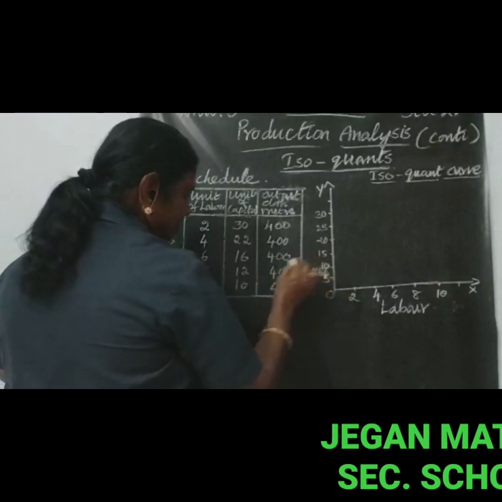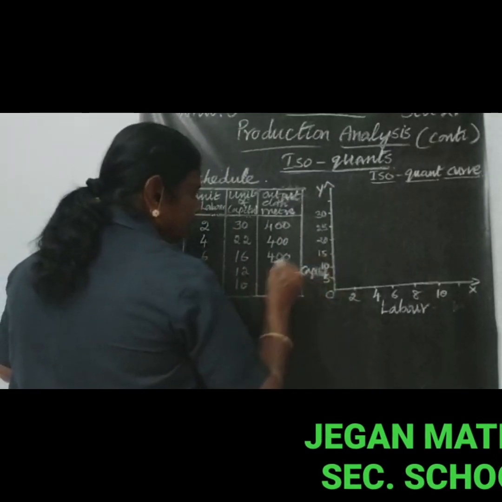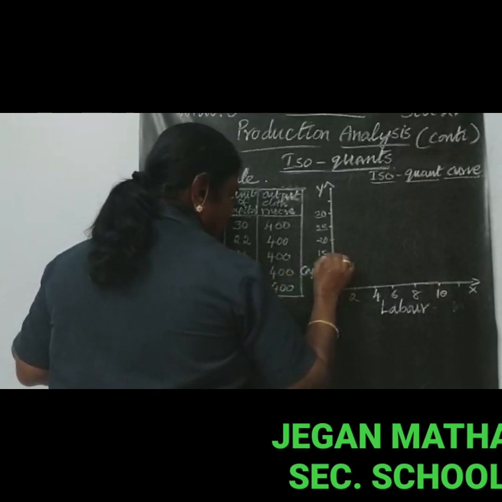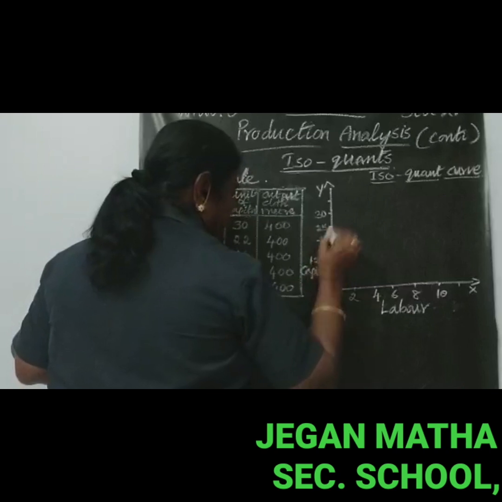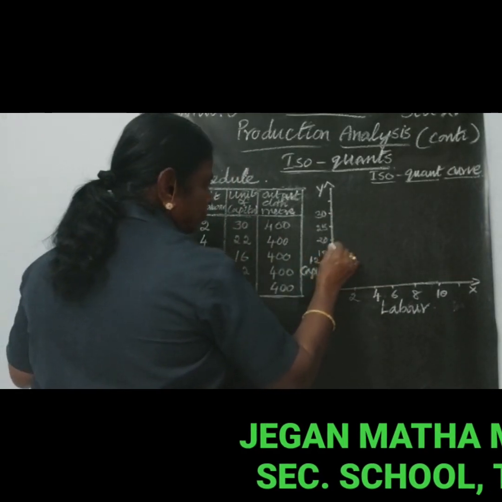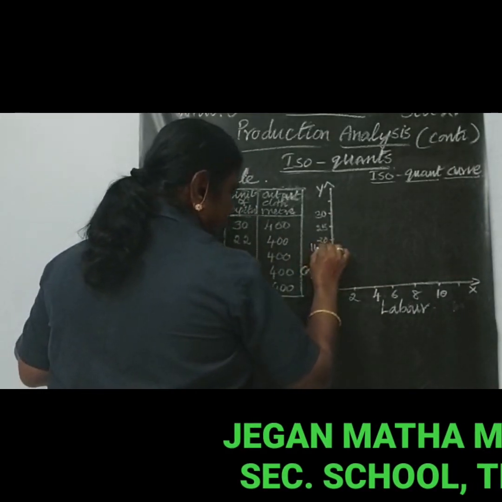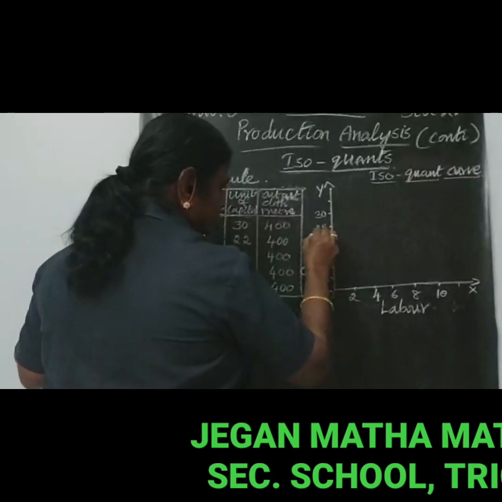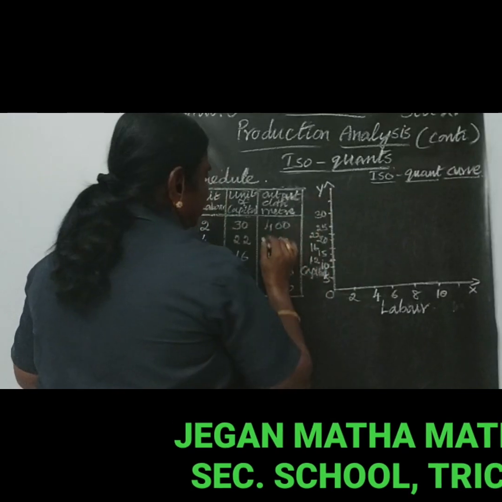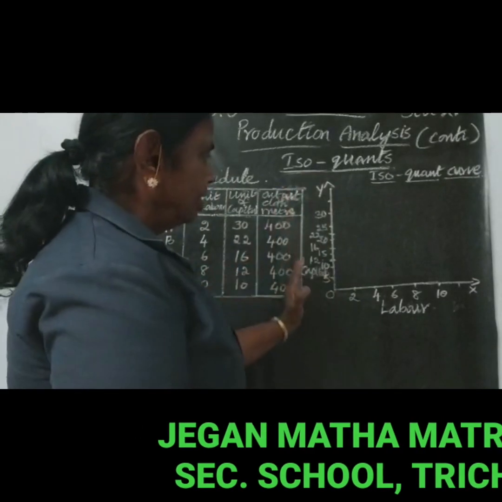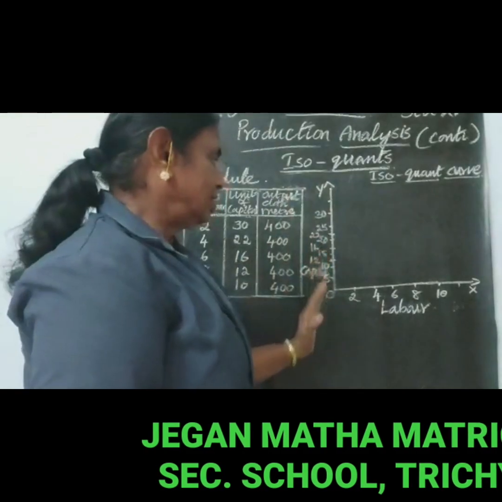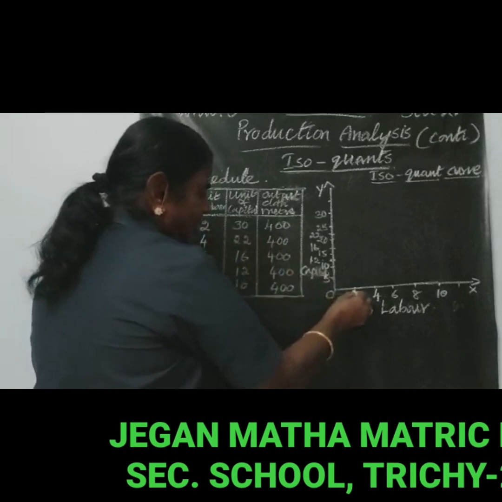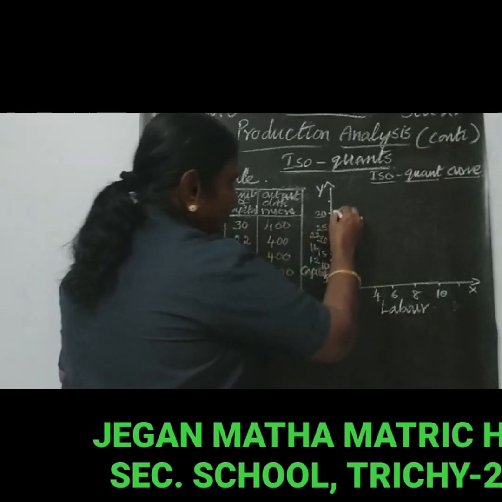So 10 is mentioned here, and then 12, point 12, so you have to remember. Clear? Okay. And then 16, between 15 and 16, and then 22, between 20 and 22, and then 30. So this can be easily measured. Now take 30: 2 units of labor and 30 units of capital.